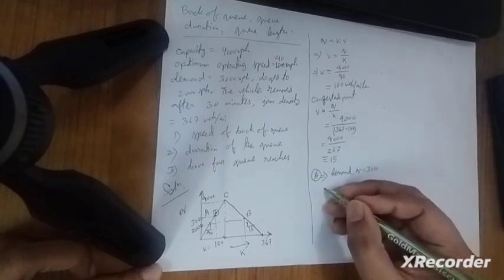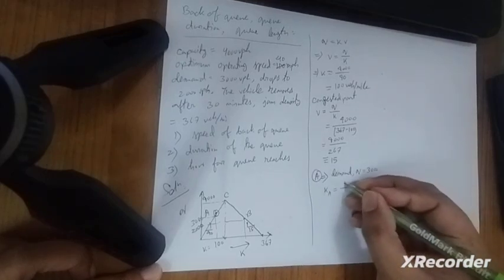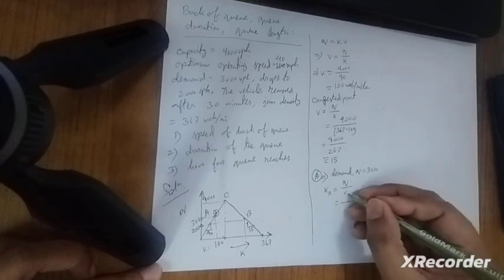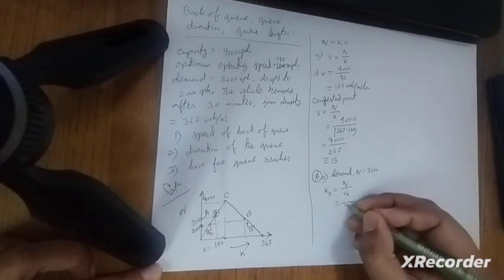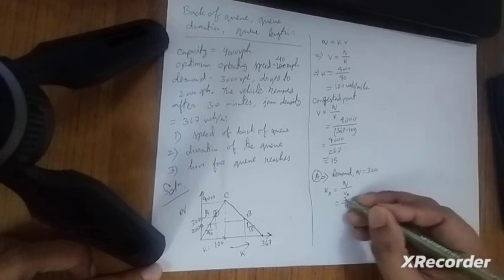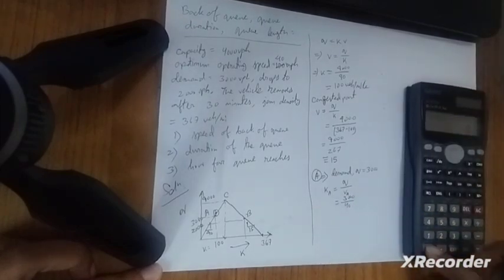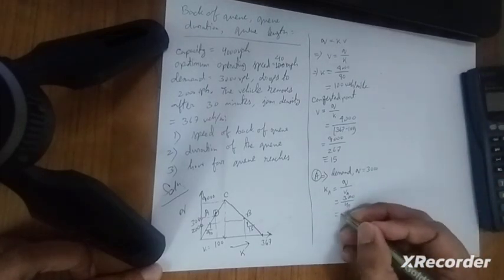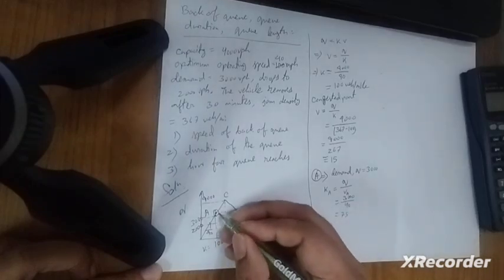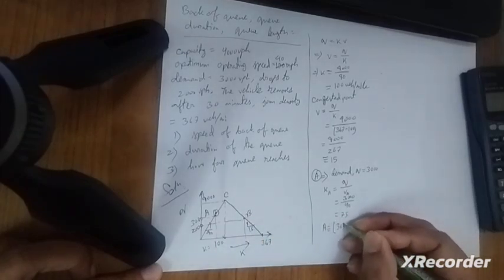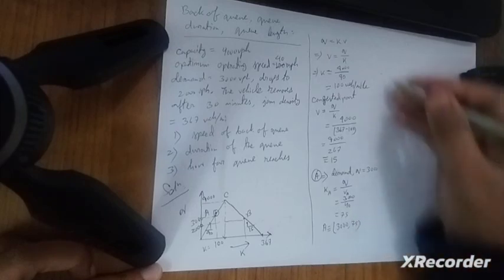We know the speed here, so our density at A, that is Ka, will be Q by V. Our speed is 40 and demand is 3,000, so 3,000 divided by 40 gives us 75. So point A is 3,000 and 75.